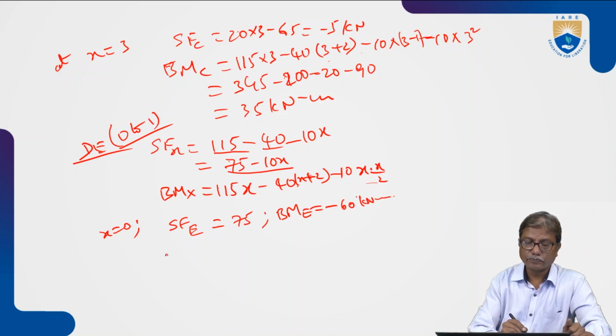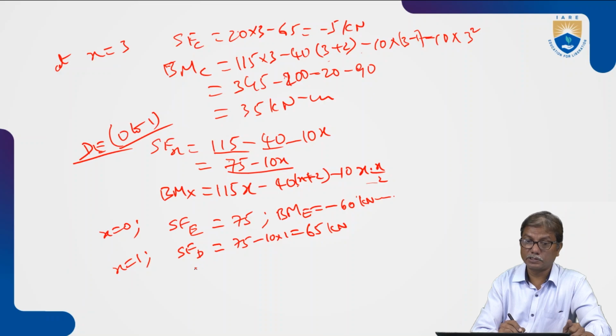So it is negative. Similarly, at x equal to 1, shear force at D is 75 minus 10 into 1. That is 65 kilonewtons positive.